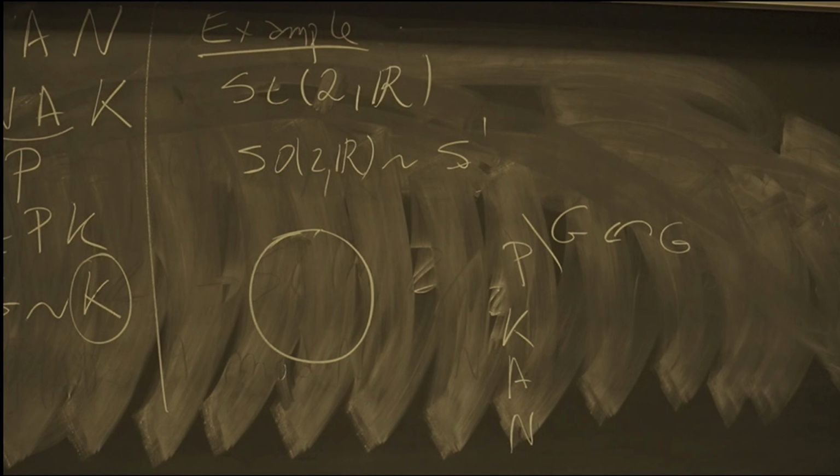The matrices in N have all eigenvalues 1. The matrices in A are diagonalizable. And the matrices in K are isometries. So this gives you the three main categories that you typically learn in linear algebra.